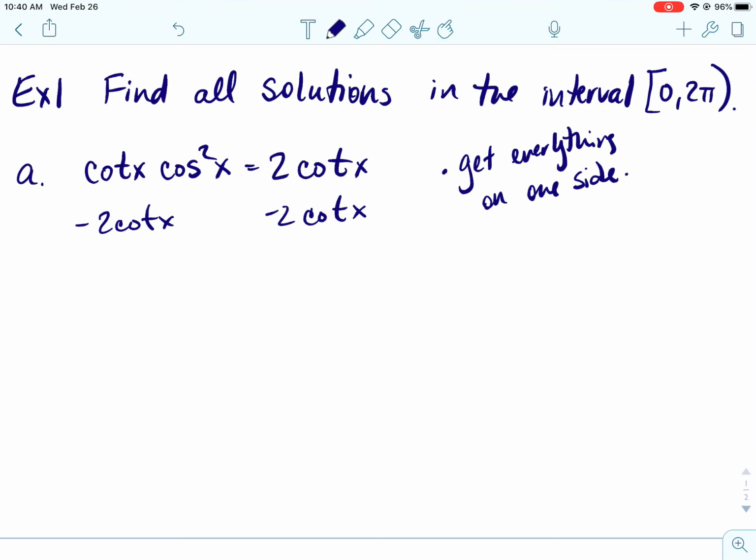So you guys think we can actually subtract these? No, they're not like terms. So if it was just cotangent of x minus 2 cotangent of x, definitely. But this cotangent is attached to that cosecant squared, so we can't actually subtract them.